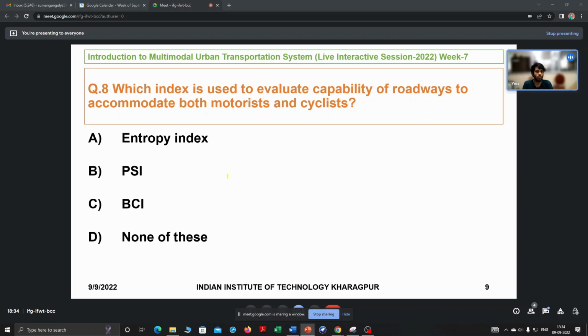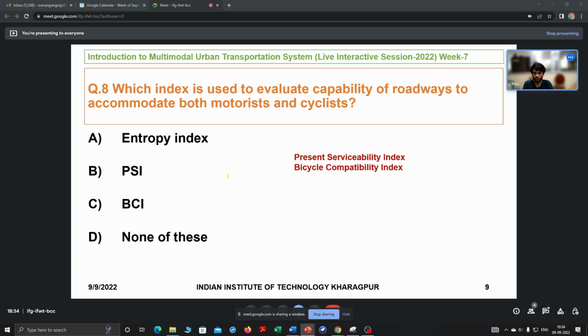But suppose you do not have a service right now, you want to develop a service in the planning stage. Then what kind of index will be useful? So actually C is correct, it is BCI only, which is called the bicycle compatibility index.